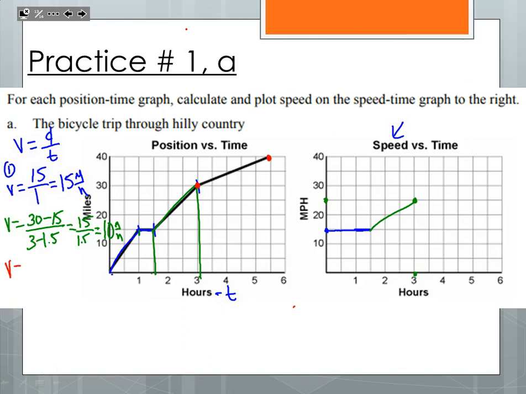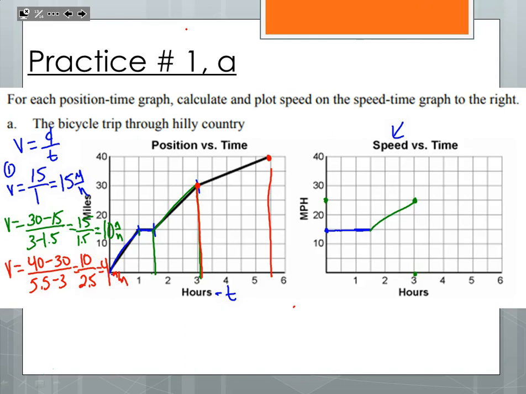So now I'm going to find his speed, 40 minus 30, all over my time of 5.5 minus, so there's my time here at 5.5, my time here at 3. So the numerator is 10, the denominator is 2.5, which equals 4 miles per hour.